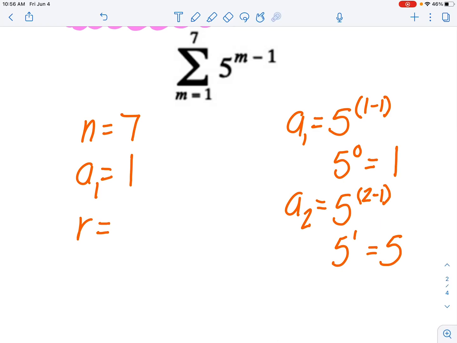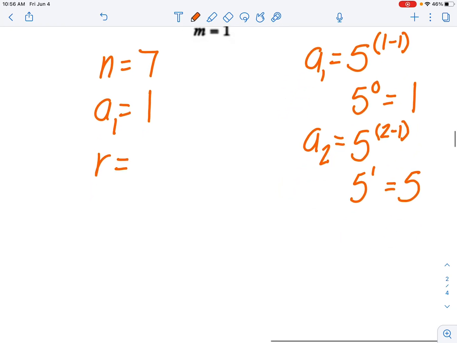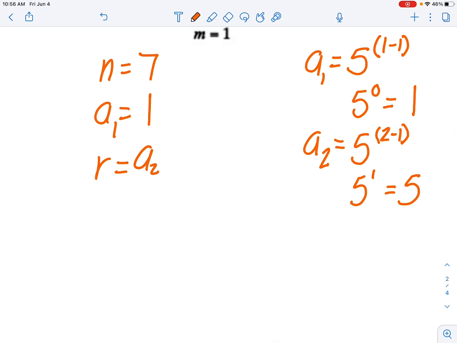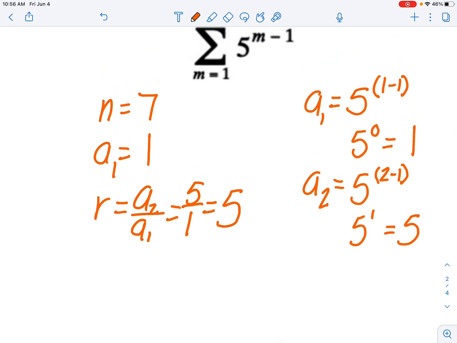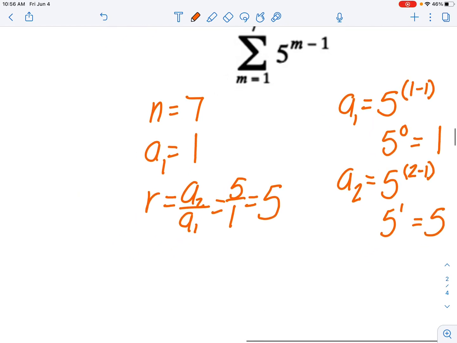So we have our first term, which is 1, and our second term, which is 5. We divide the second term by the first term: 5 divided by 1 gives us 5, and that is our common ratio.